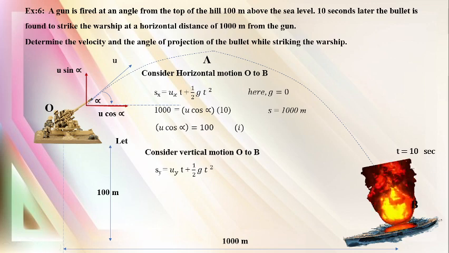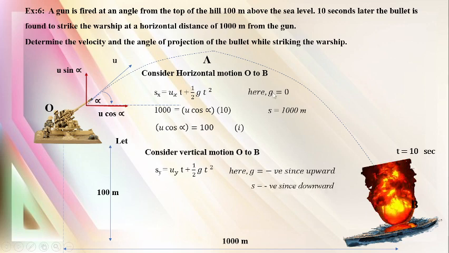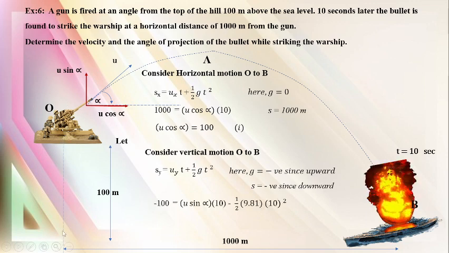Here g is taken as minus, and s is also taken as minus, because it is measured below. If we measure displacement above, it is positive, but here the distance is in the downward direction, so it is minus. So let's substitute all those values.